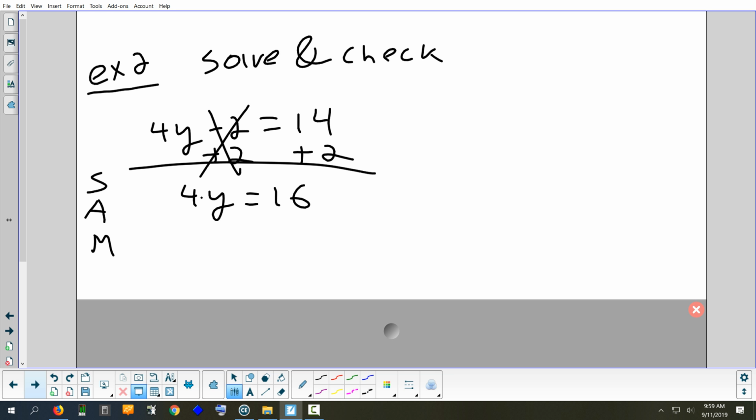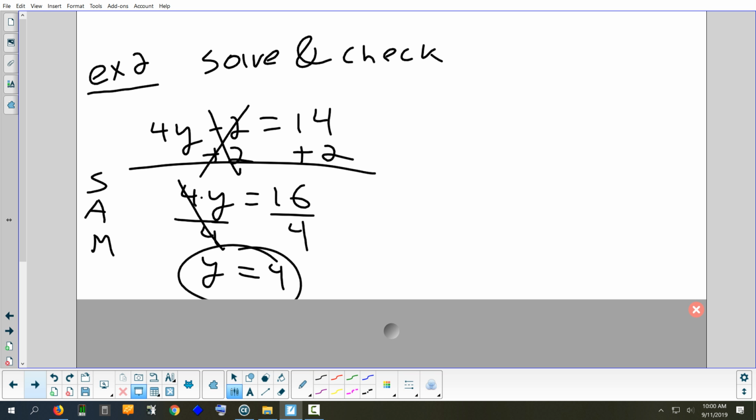Divide by 4 on both sides. 4 divided by 4 cancels out because you get 1. Yep, 1y. So we just have a y. 16 divided by 4, I did it out for you, gets you 4.